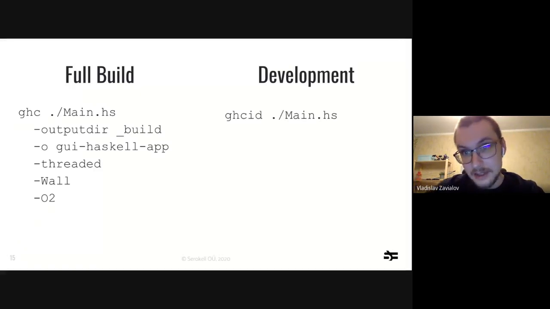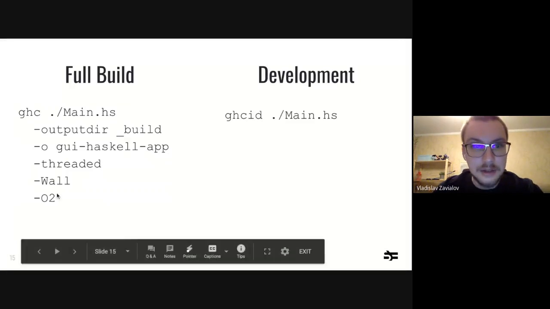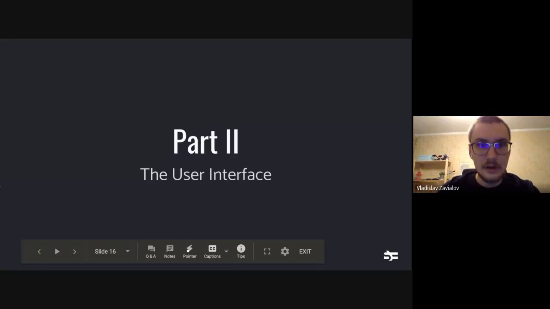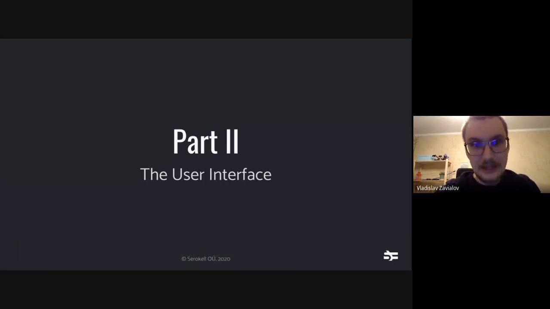So you have your editor open, you modify something, you save it, and then you immediately see the type errors, if any. Quite handy during development. So with everything set up to actually start writing code, let's see how we can recreate the user interface I've shown you using GTK+.